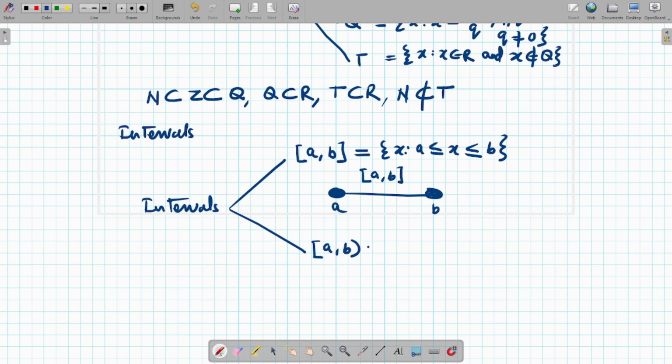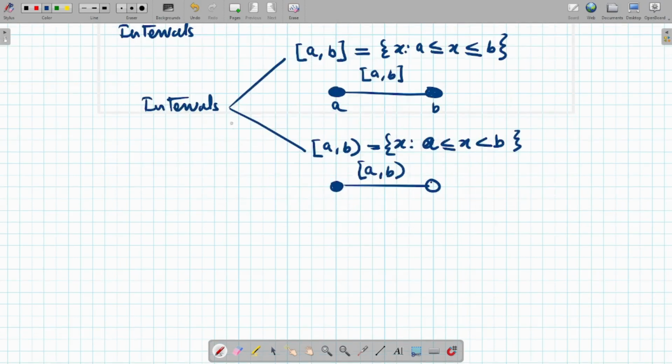We would write x such that a is less than or equal to x is less than b. Okay, and the representation of this would be like this. So we say the a side is closed and b is excluded. So we write it a comma b, a side is closed and here the b side is open.